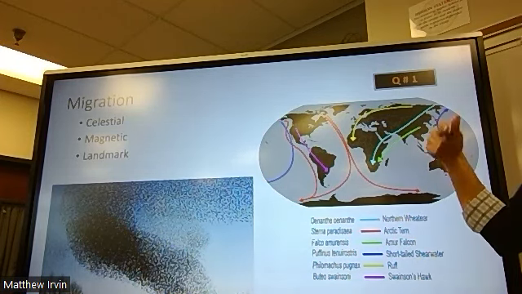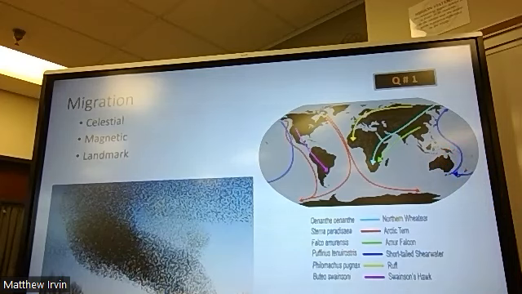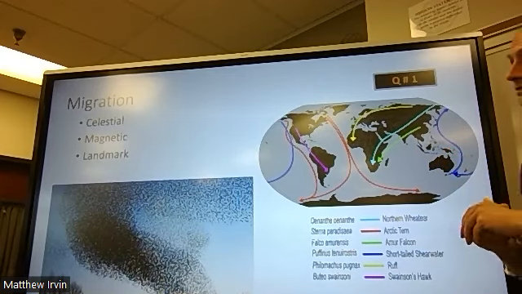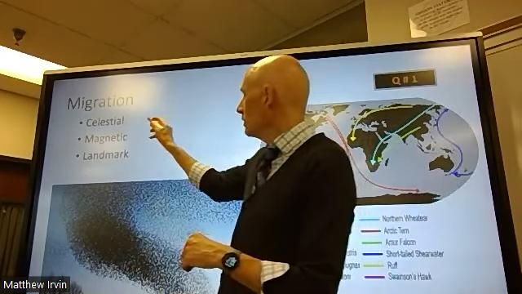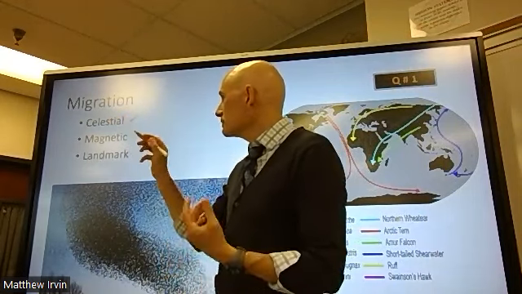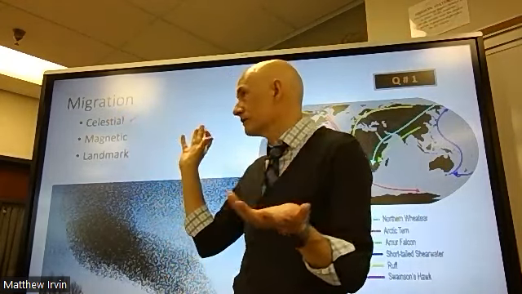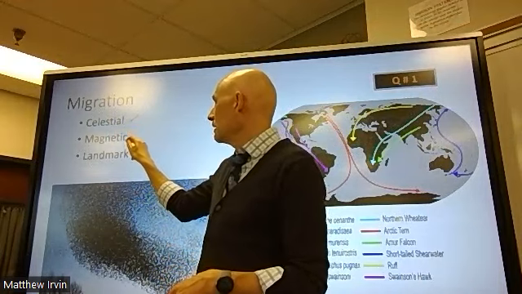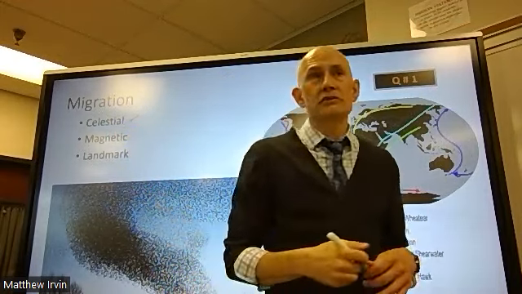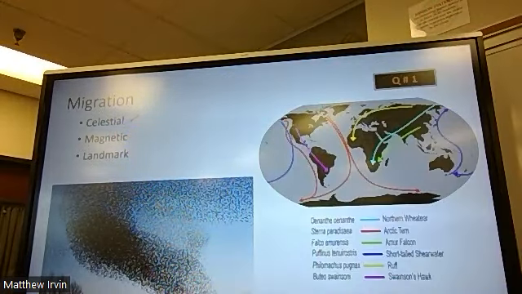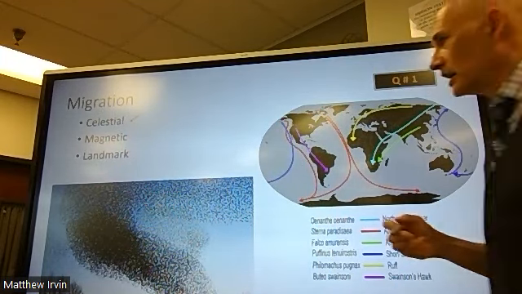And then you can have all of these different kinds of migration guiding: stars or other types of bodies in the sky, magnetoreception, using landmarks, or potentially chemical migration as well.